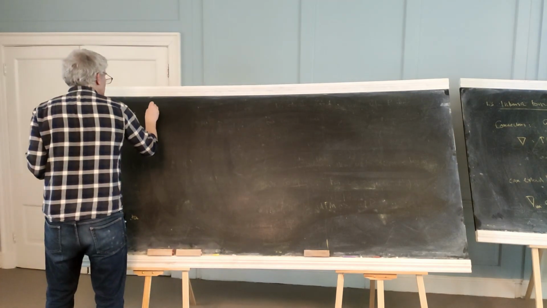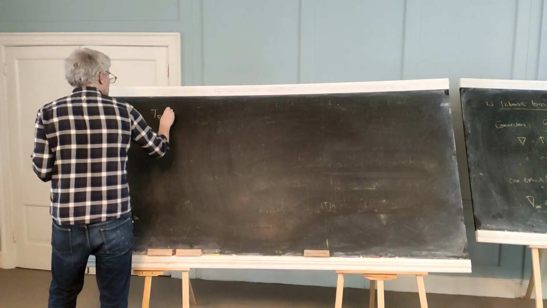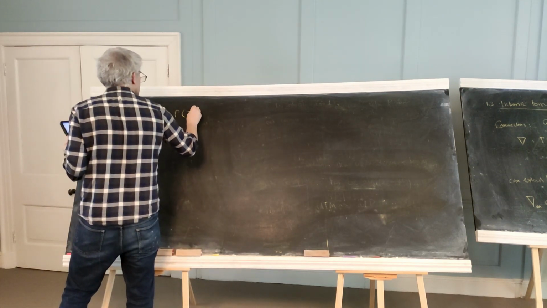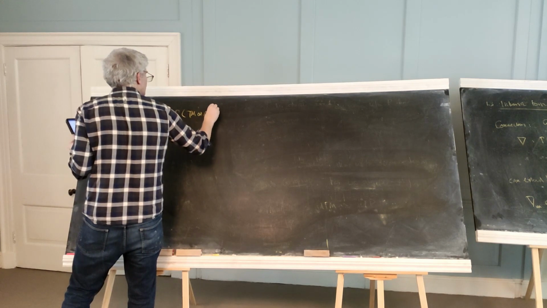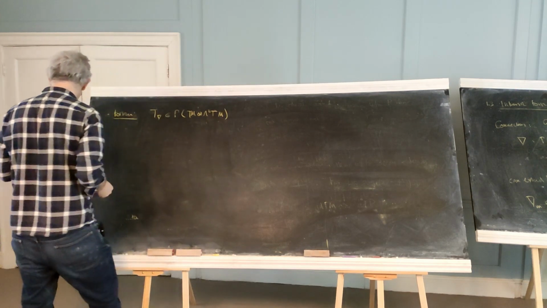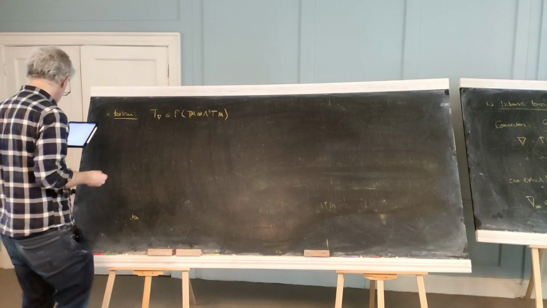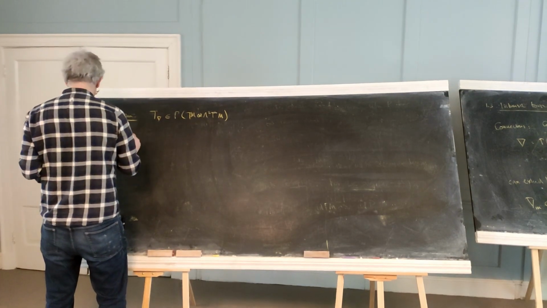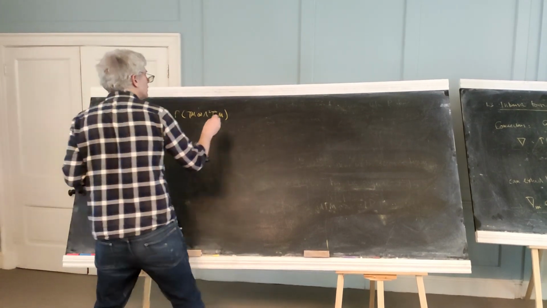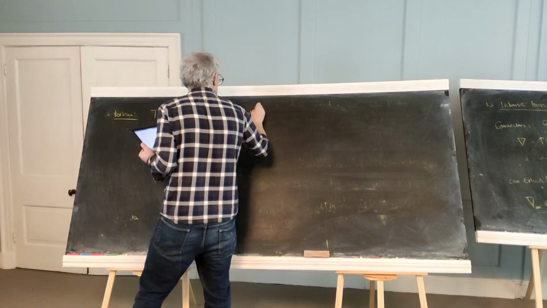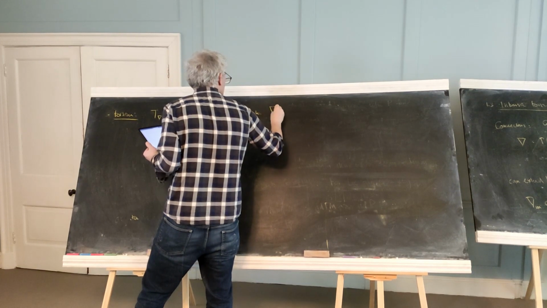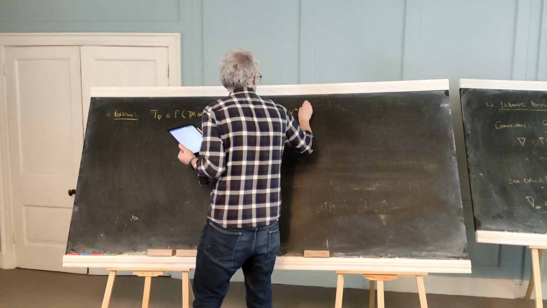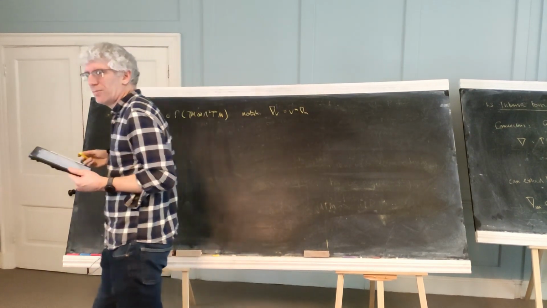The torsion tensor for a given connection has a vector index and a two-form index. Let's use the notation that if I write nabla with v there, that just means I take a vector and contract it into the nabla operator.